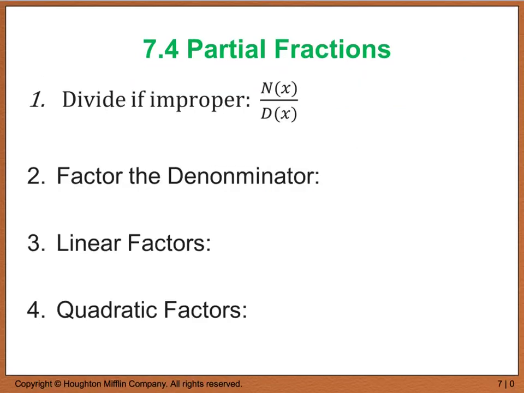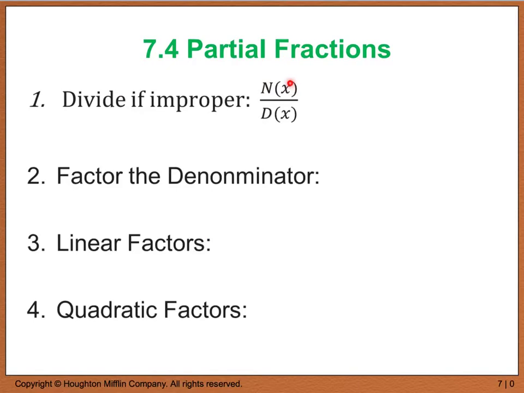In order to do a decomposition of a partial fraction, the first thing we're going to do, and this isn't always necessary, but you must check for it very first thing, is you have to divide if your fraction is improper. So in other words, if your numerator has a higher degree than the denominator, then we must divide it.